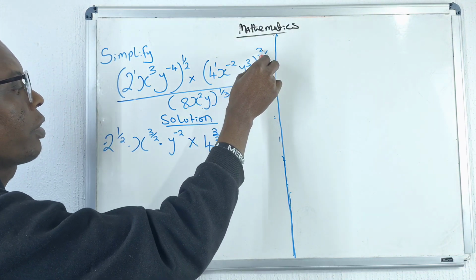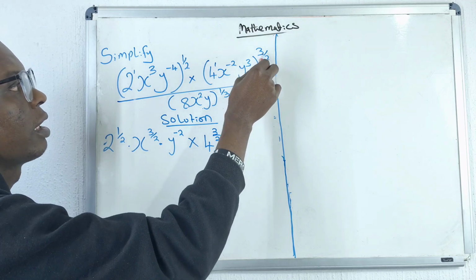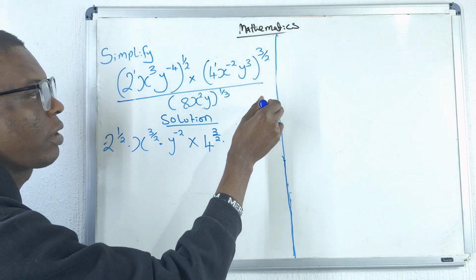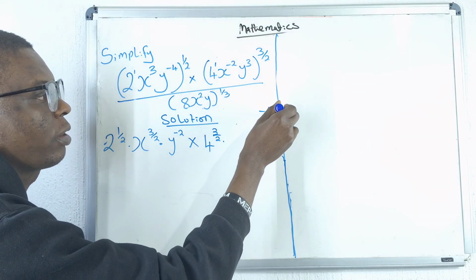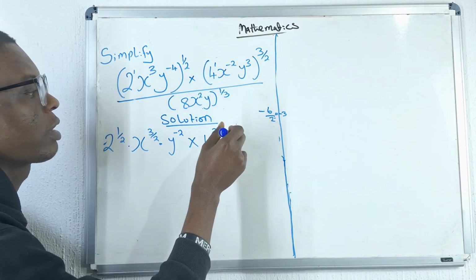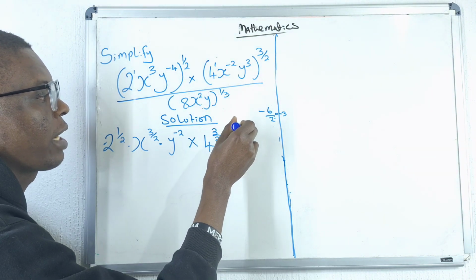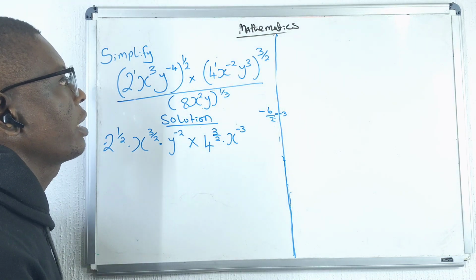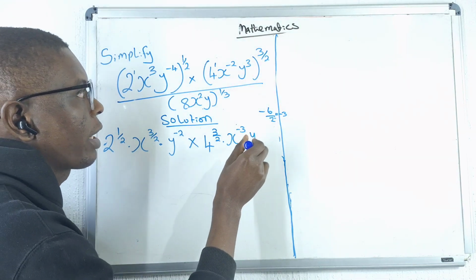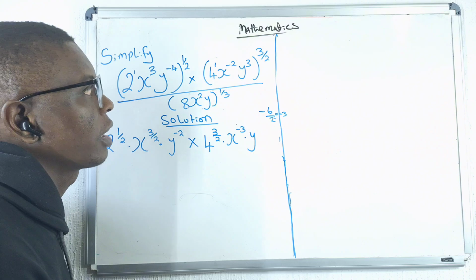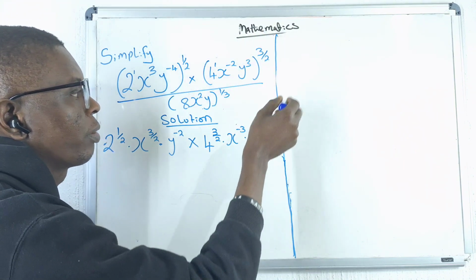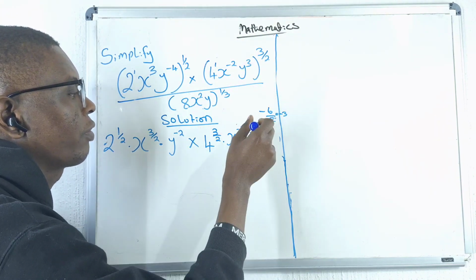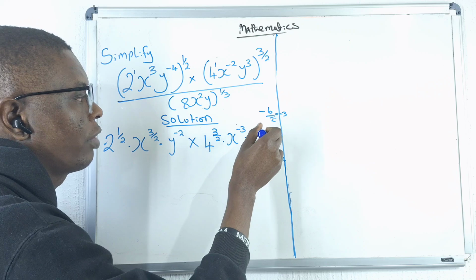Now minus 2 times 3 is minus 6, and minus 6 divided by 2 is minus 3, so my x will be raised to the power of minus 3. The same thing occurs here for y. 3 times 3 is 9, so 9 over 2. It stays a fraction, so I will write 9 over 2.